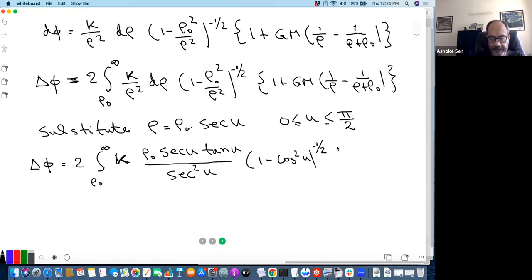Okay. And then here you get 1 plus gm times 1 over rho. So gm over rho naught, let me take this out. 1 over rho is 1 over sec, that's cos, minus 1 over rho plus rho naught, that you can check is cos u over 1 plus cos u.